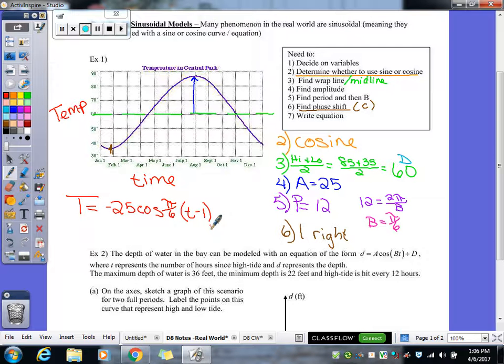And then it's your t minus 1. I'm going to use little t for time. And it shifts to the right 1, so it's minus 1. And then plus our 60, because that's the midline. And that would be our equation for that one. Because I have a phase shift to the right 1.